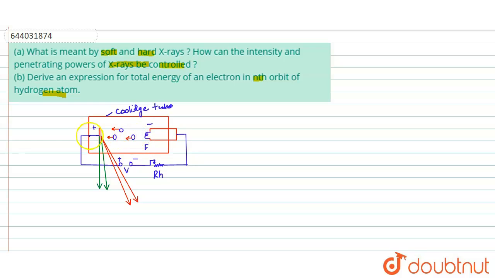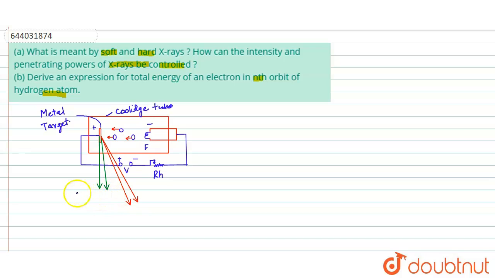These thermal electrons are accelerated by the potential difference between the filament and this metallic target, a metal target of very high melting point like tungsten. As these electrons strike this metallic target, they get retarded, and due to that X-rays are produced.